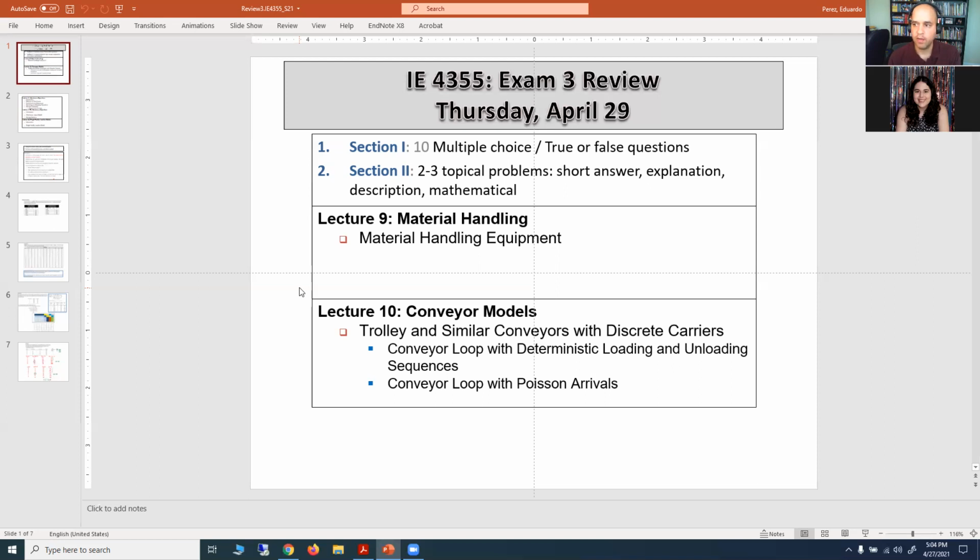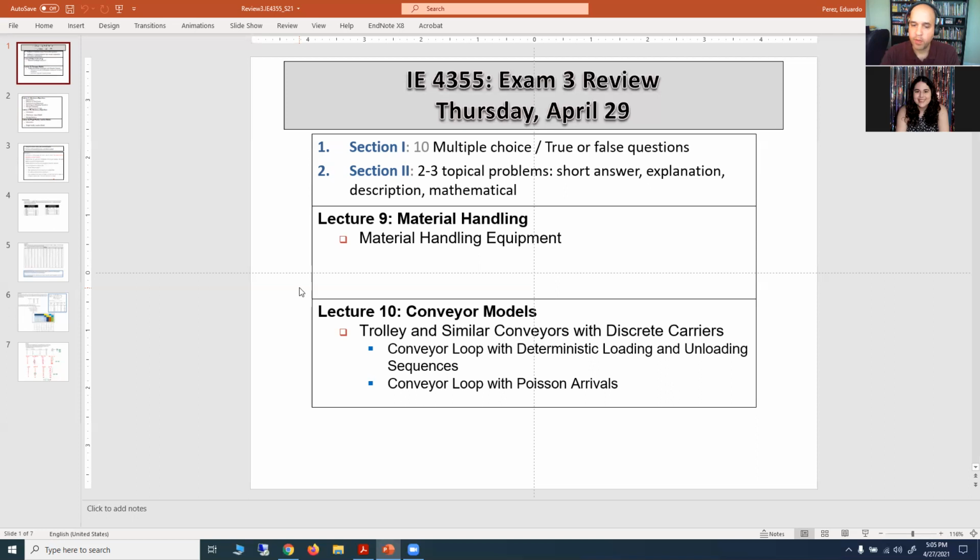The idea was for you to understand, if you were to design a conveyor with a carrier of specific capacity, based on the data for your process and the amount of product arriving at the conveyor, how much capacity you would need for the carrier to be able to run your process.